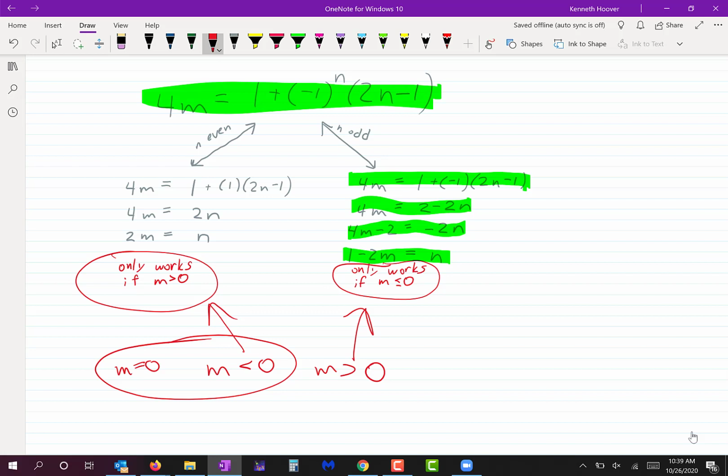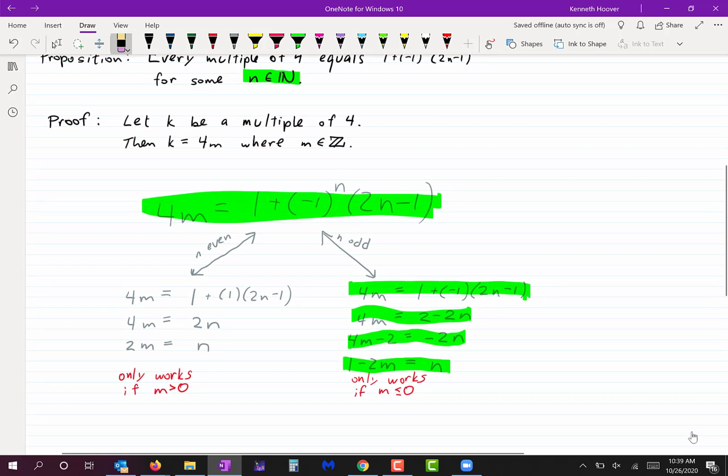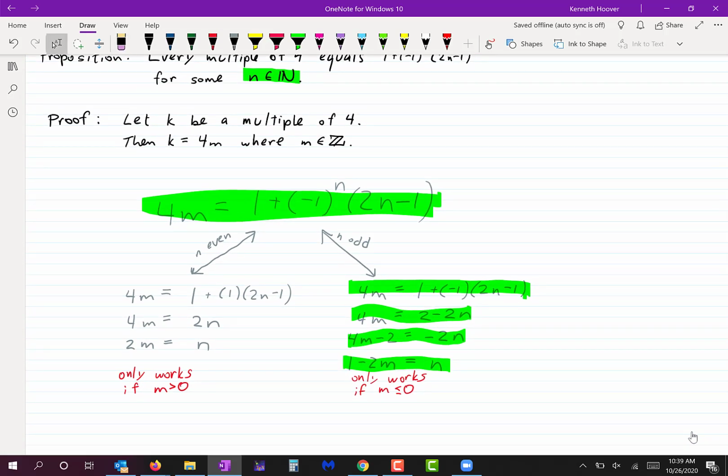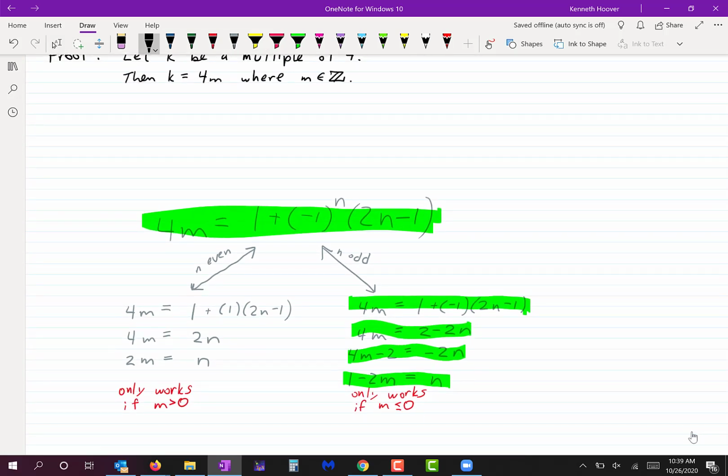Okay? So let's write it out now that we have a plan. Okay, so let k be a multiple of 4, then k equals 4m, where m is an integer. Okay, let me get some space here. All right.